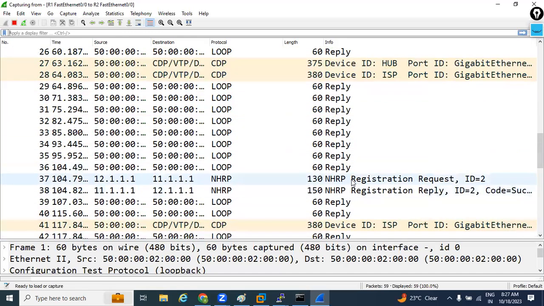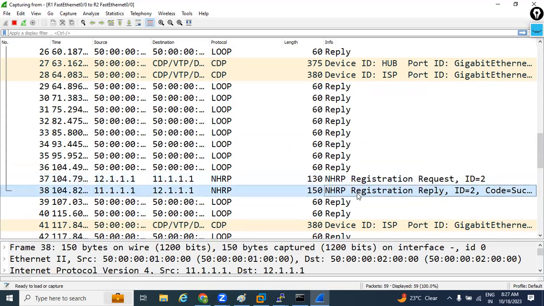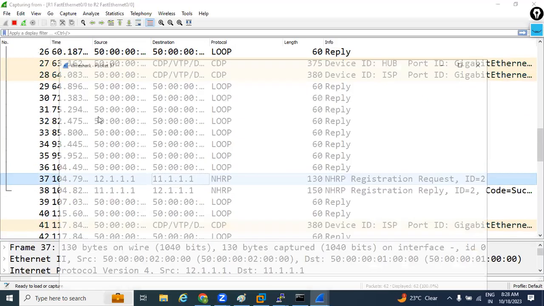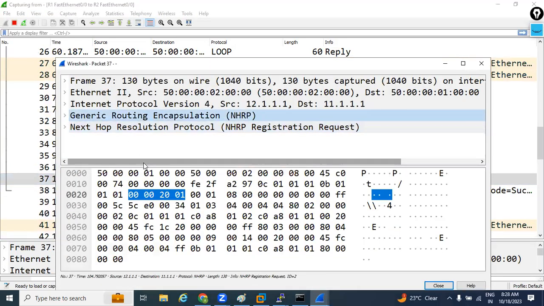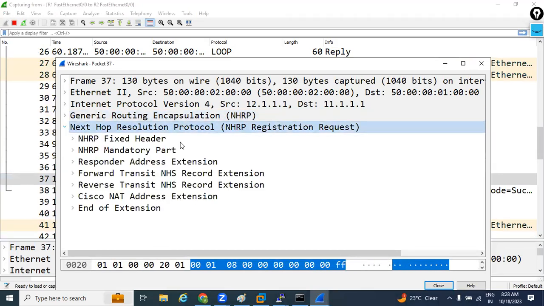In between, can you see NHRP registration request and NHRP registration reply? I have generated traffic from spoke one. What is the spoke one outer IP? 12.1. Can you see 12.1 to 11.1 and 11.1 to 12.1 here? What is the inner header here? This is GRE encapsulation. We are using it for what? NHRP registration request.